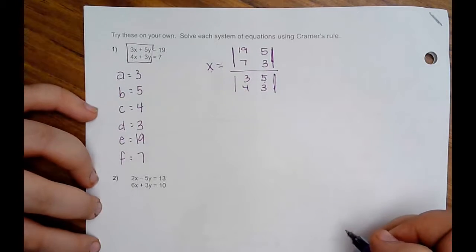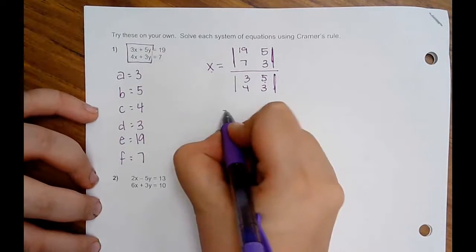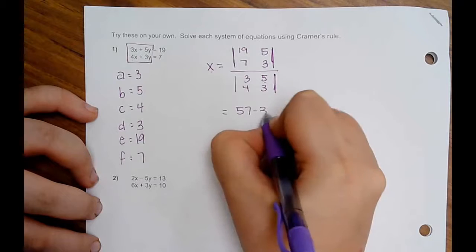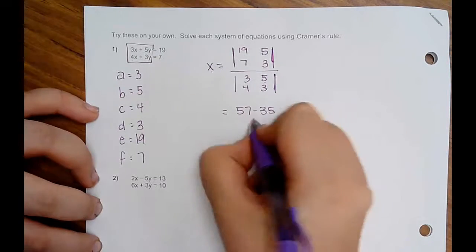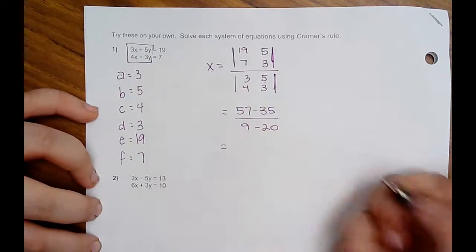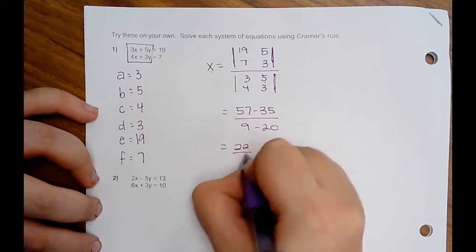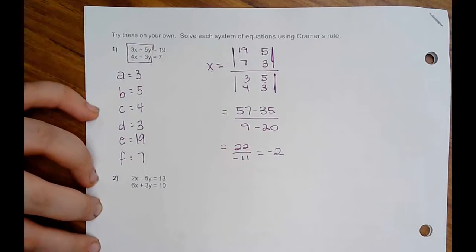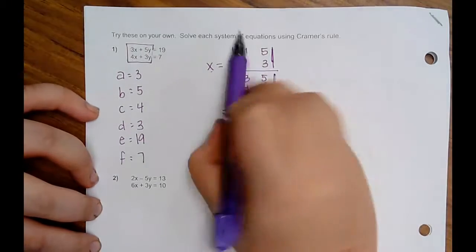All right, when I do this, I get 57 minus 35 over 9 minus 20. That becomes 22 over negative 11, or negative 2. This is just determinants again. Top down minus bottom up, top down minus bottom up.